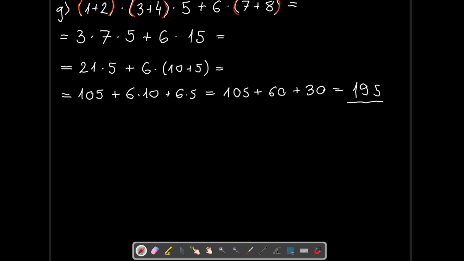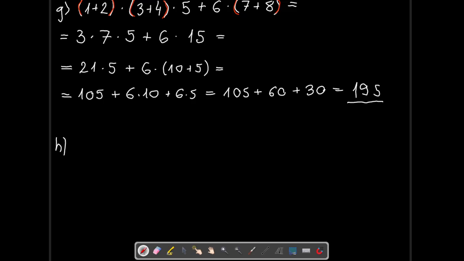Obviously, we could just skip this part and say, okay, this is 105 and this is 90, which gives us the same answer. But yeah, I did get kind of creative on my own here, with obviously the goal to just refresh the distribution rule. Maybe we will need it in some of the later examples.